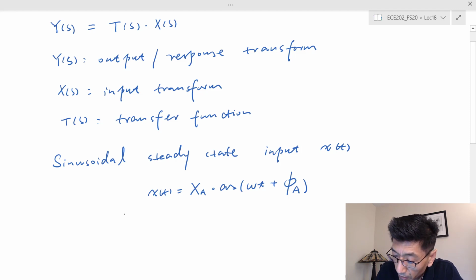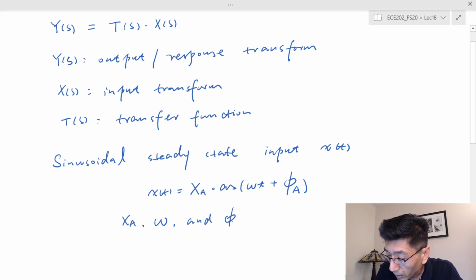In this case, the sinusoid means X_a the amplitude, omega the angular frequency, and the phase angle phi_a are all constants.